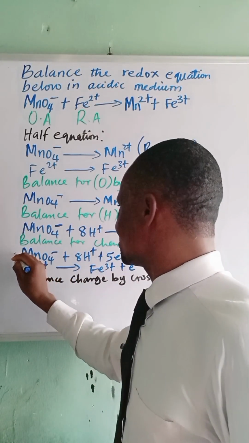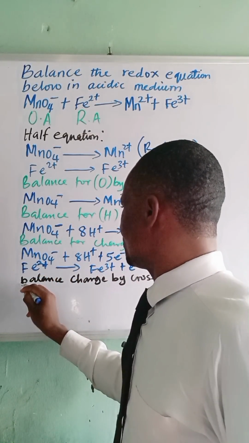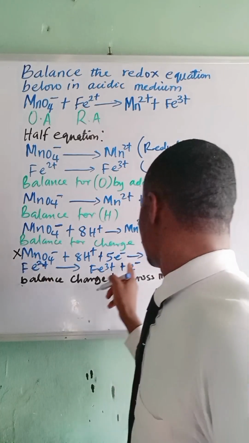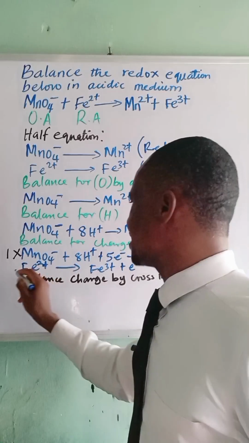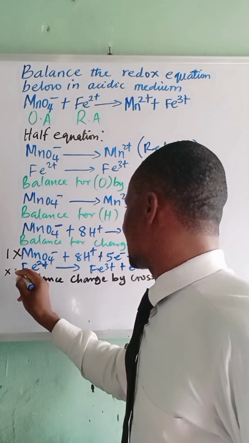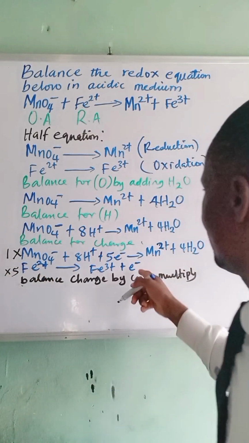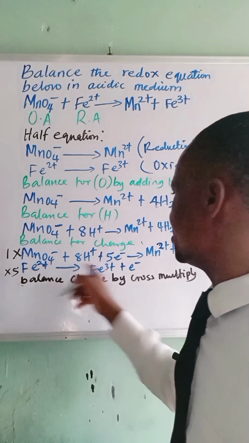This charge multiplies this one, and that multiplies that. This is times 1 and this one is times 5.